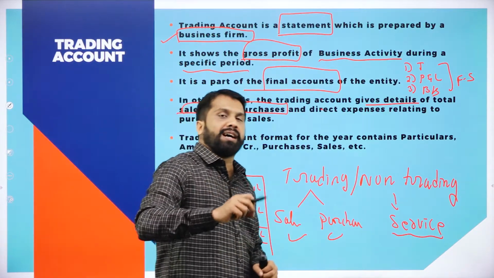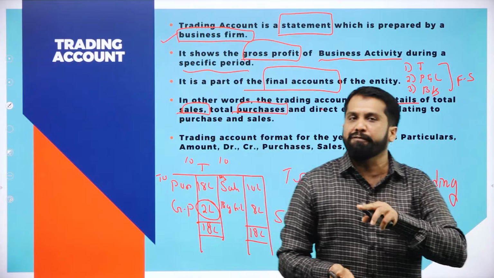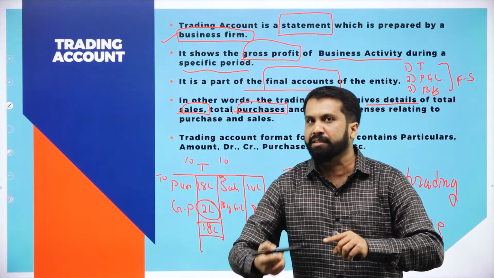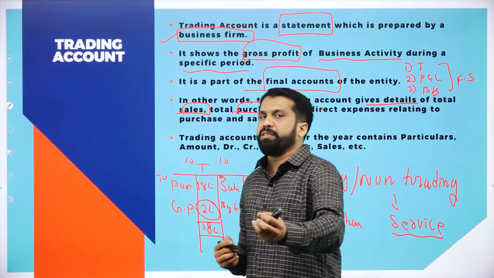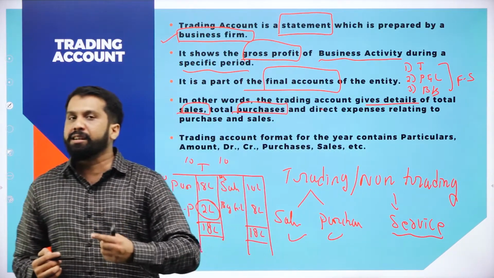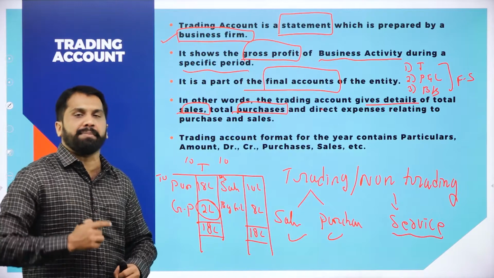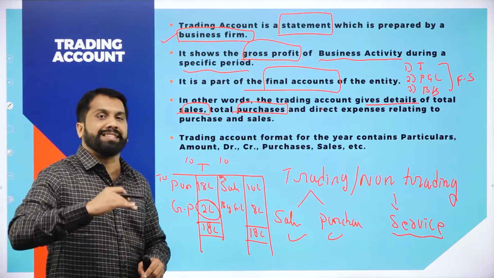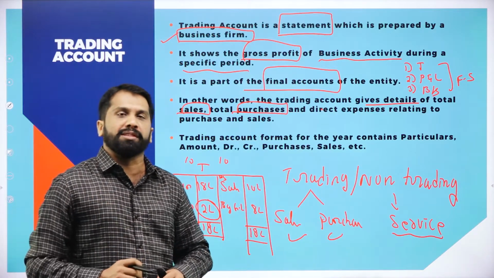It may be cash or credit sales, total of these two. Out of this, if anything is returned, for example, you purchased some goods, later you got to know that it is damaged. What will you do? You will return that. Those have to be deducted from your purchases.